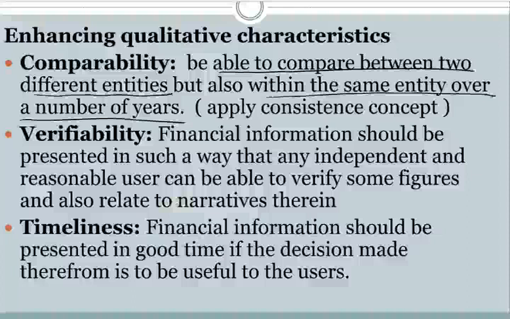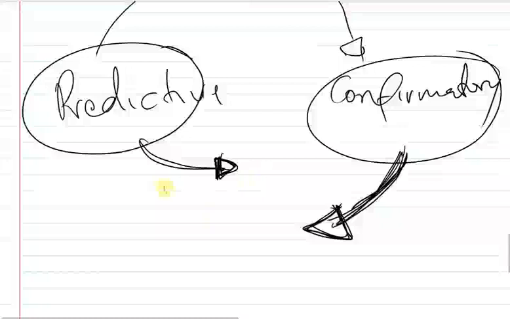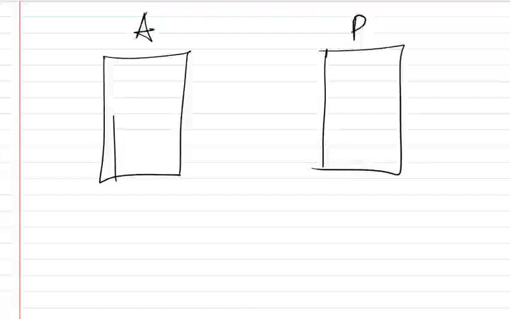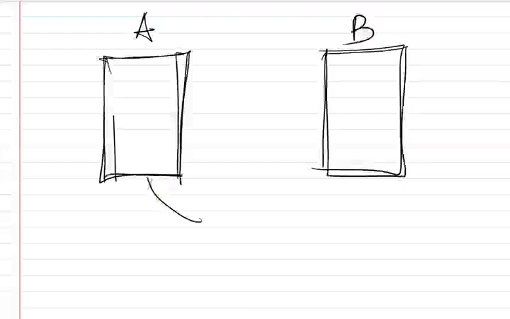For you to achieve this, you need to apply the consistency theory. You want to be able to compare company A's financial statement and company B's financial statement. So that's comparability. For me to achieve this, I need to apply the same principles, that is consistency.